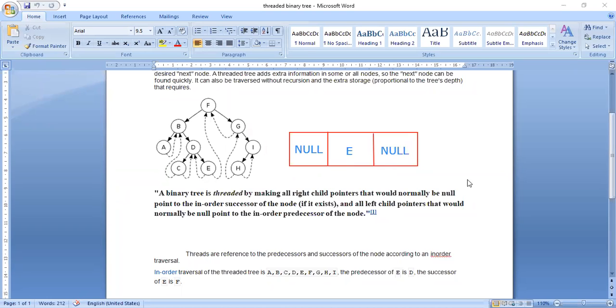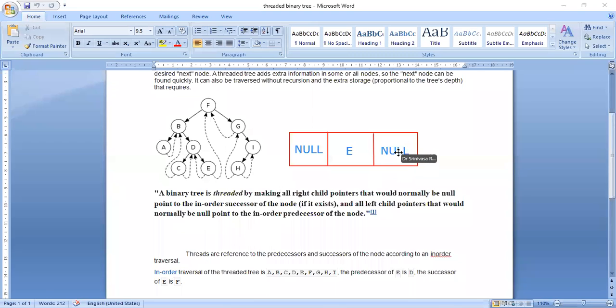Now, I will change this to make it a threaded binary tree. What he is telling is that a binary tree is threaded by making all the right child pointers that would normally be null point to the in order successor.